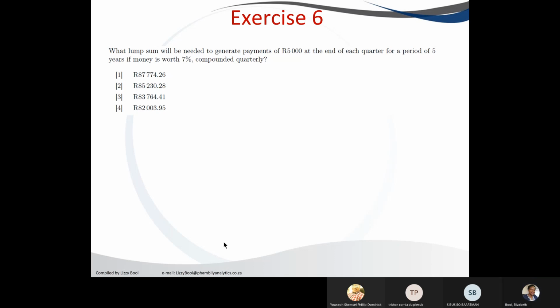What lump sum will be needed to generate a payment of 5,000 at the end of each quarter for a period of 5 years if the money is worth 7%? So here they're talking about a lump sum, so therefore it means they're asking you to find out what the future value will be.